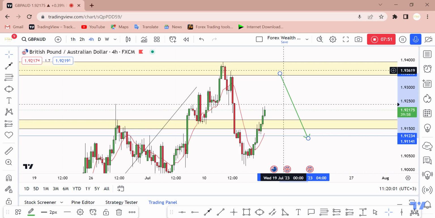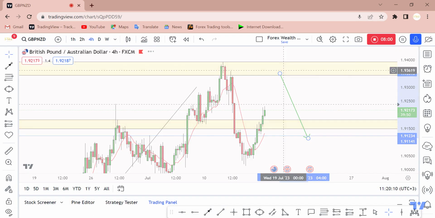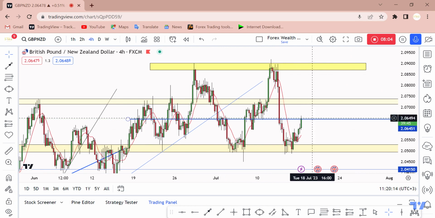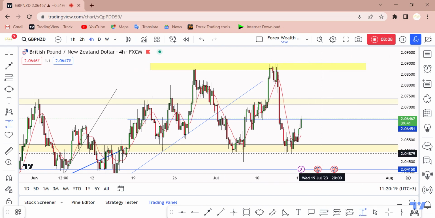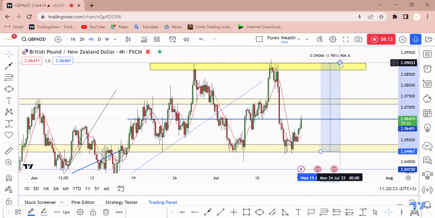So my last pair for this week that I'm putting on my watch list is GBPNZD. GBPNZD recently has been trapped between those two areas, and the distance from the support to the resistance is around 400 pips.